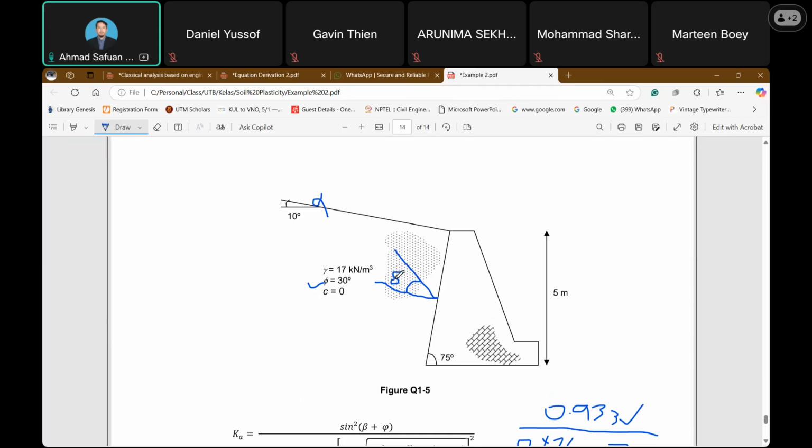So the delta is equal to 20 because it is 2/3 from the phi. Now, when we want to get the actual force acting in the vertical and also in the horizontal.